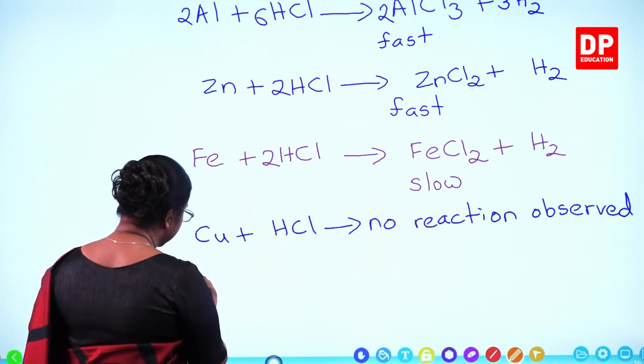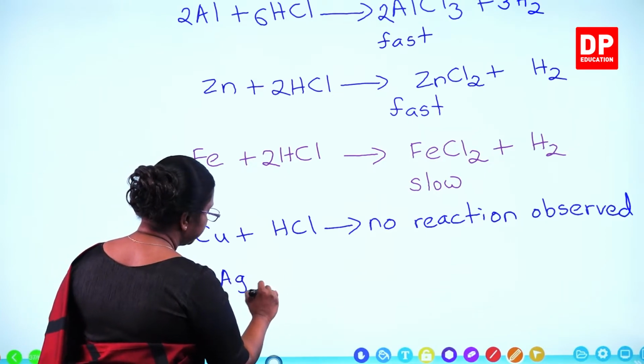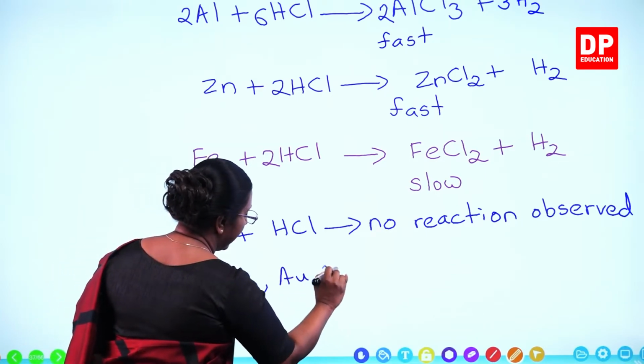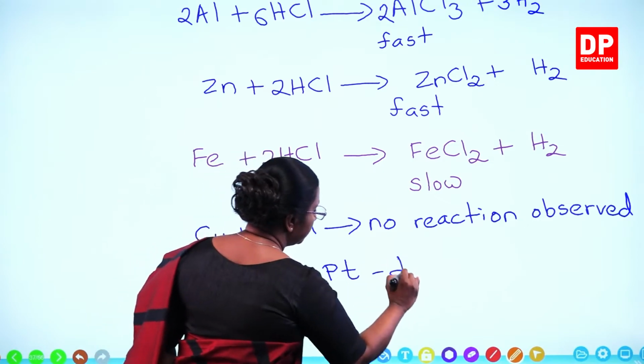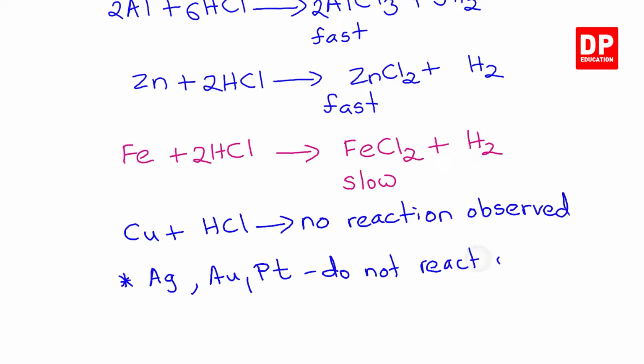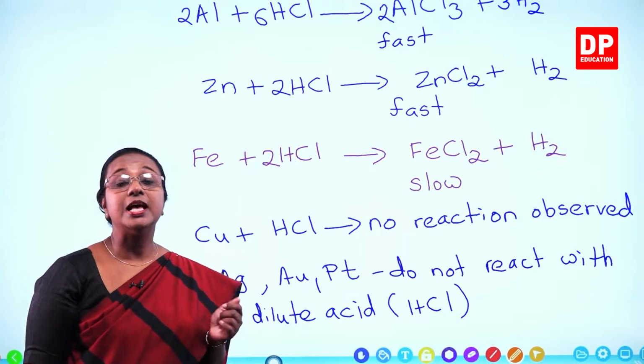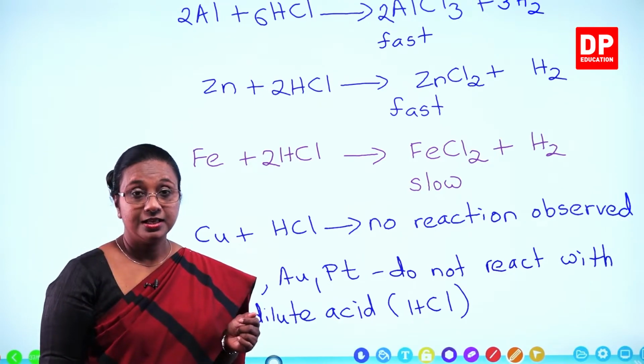So, in addition to that, we can consider that metals like silver, gold and platinum do not react with dilute acid, that is HCl.